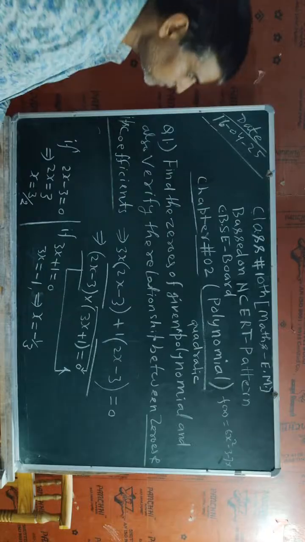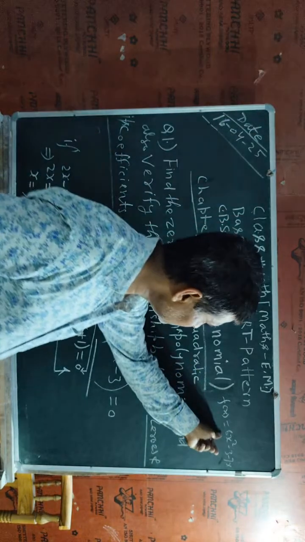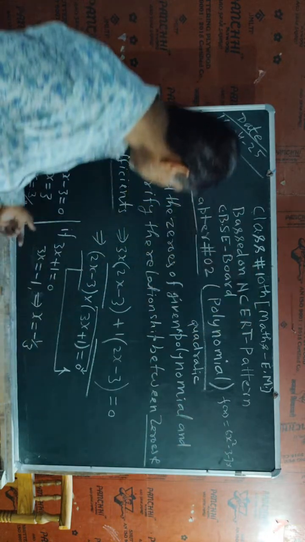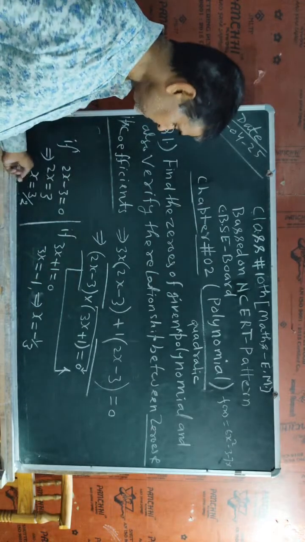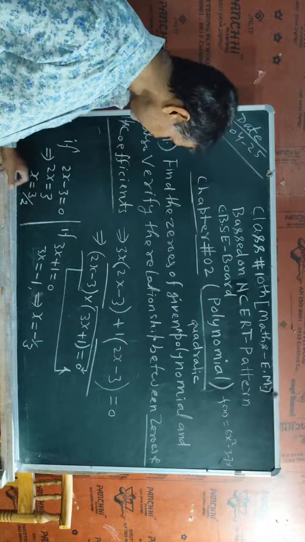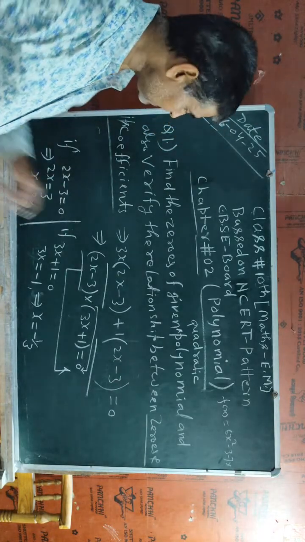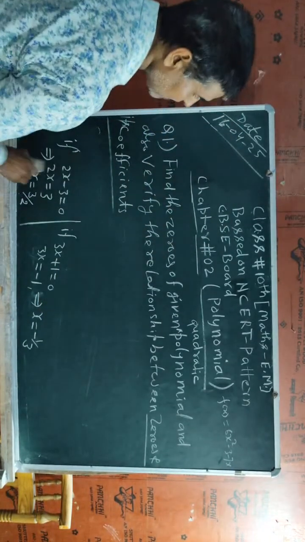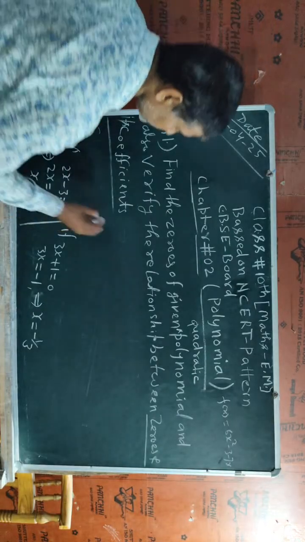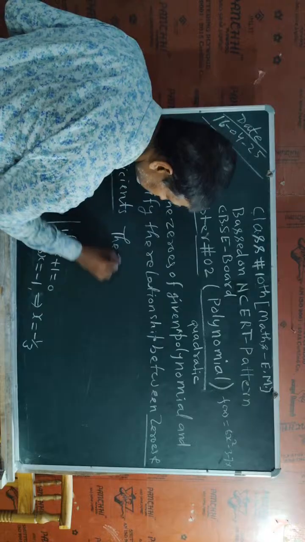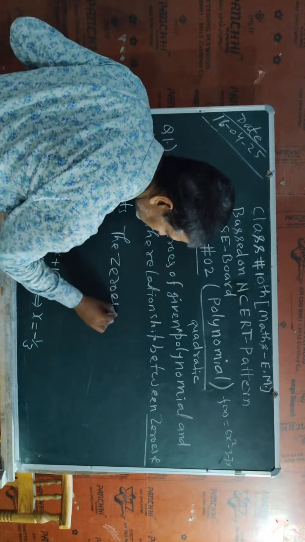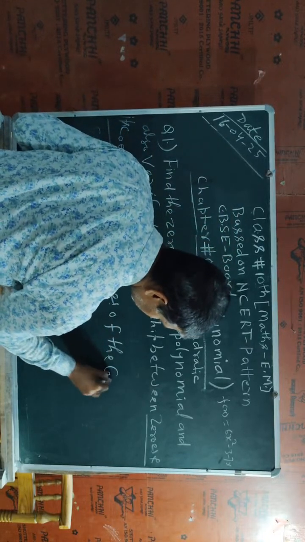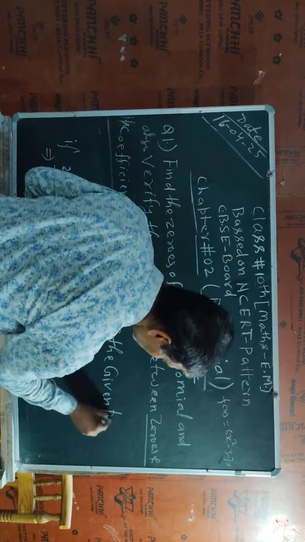Okay, students. The given quadratic polynomial is 6x square minus 7x minus 3. After the simplification, I have got two zero values: one is minus 1 upon 3 and the other is 3 by 2. So I will write in a systematic way.